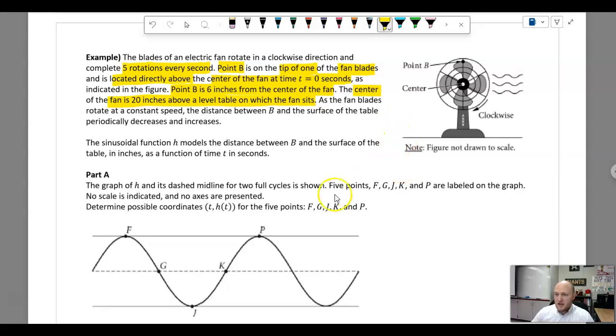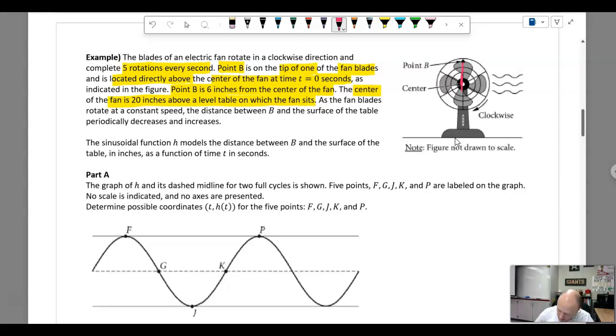Okay, and so here is what they want us to generate. They say the sinusoidal function h models the distance between B and the surface of the table in inches as a function of time t in seconds. So here's your table, and this function is going to measure distance.